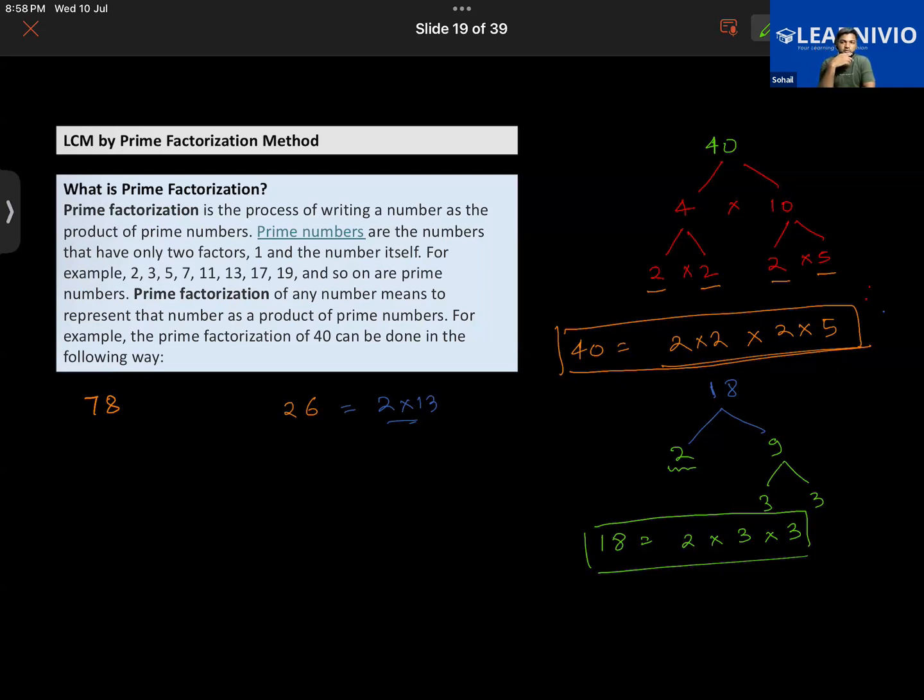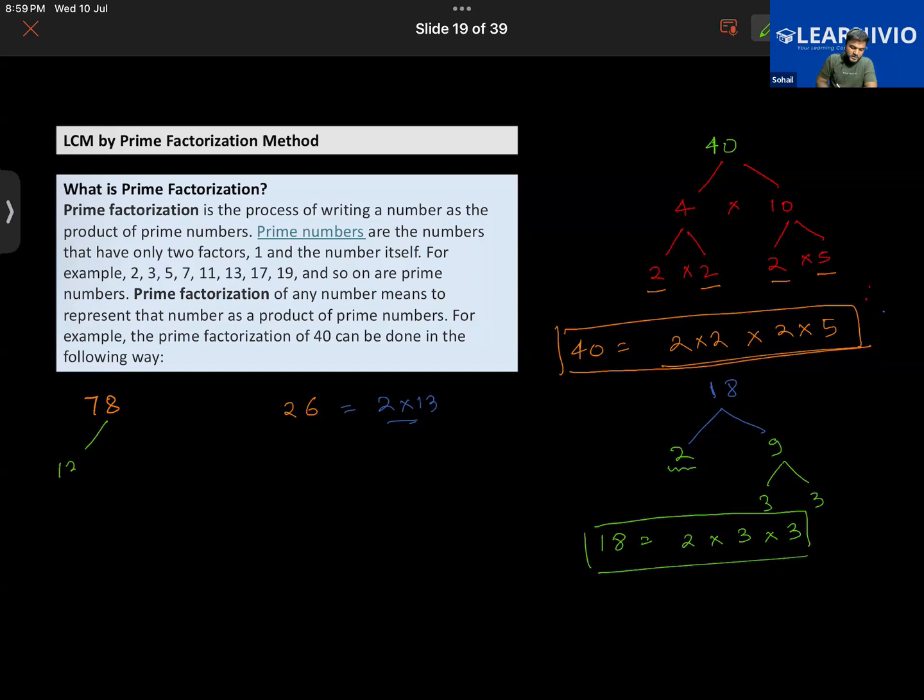Read the table of 13 quickly. 13 ones are 13, 13 twos are 26, 13 threes are 39, 13 fours are 52, 13 fives are 65, 13 sixes are 78.